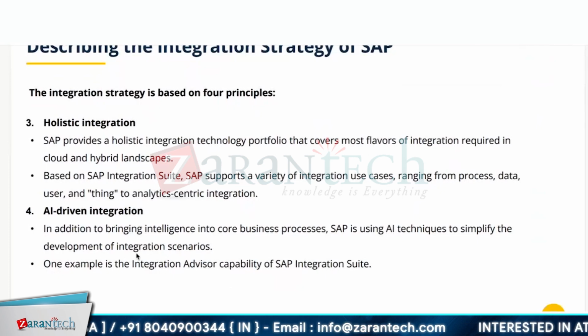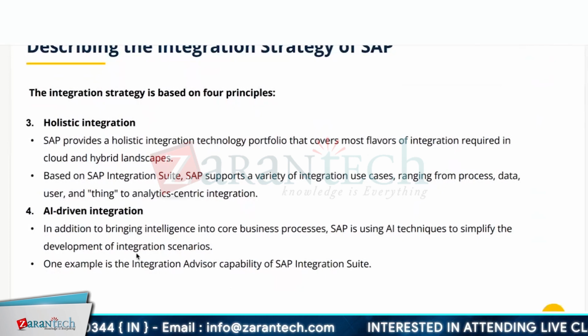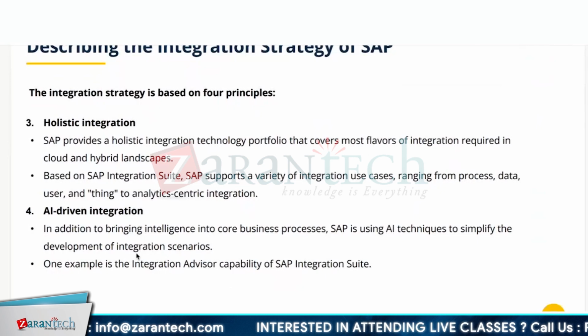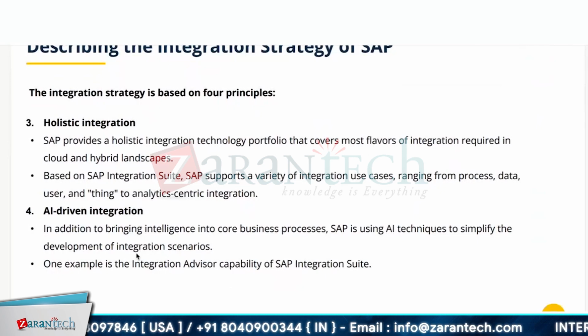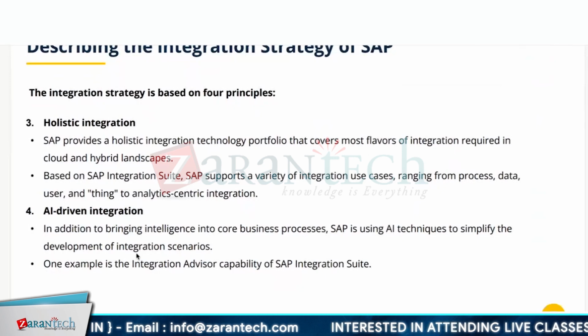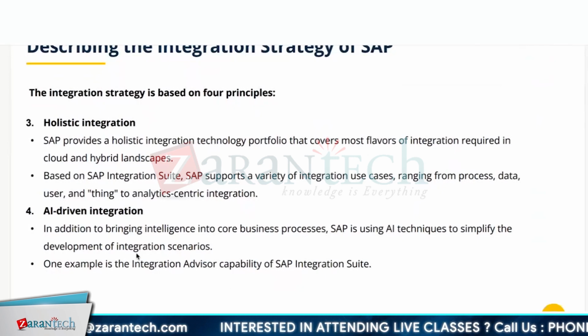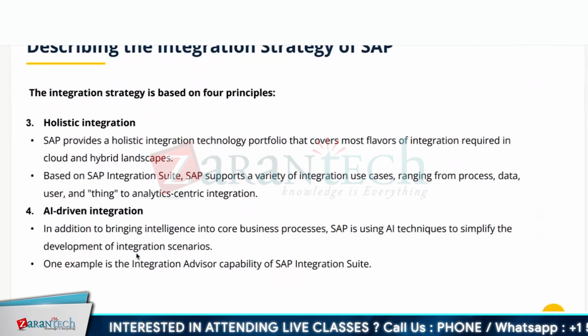When you want to integrate, Ariba has its own protocol that is called cXML, and SuccessFactors has three different protocols. Some of the APIs will be available SOAP based, some OData based, and some REST based. So SAP has a holistic integration package to convert your transformation from cXML to OData or OData to cXML.